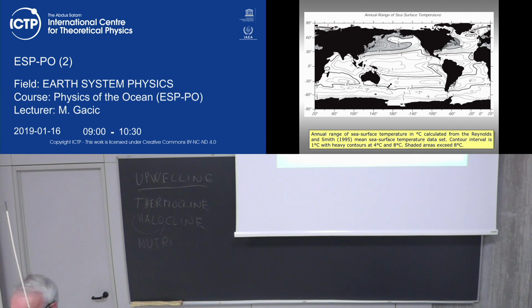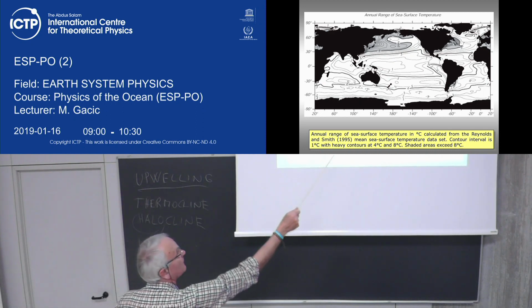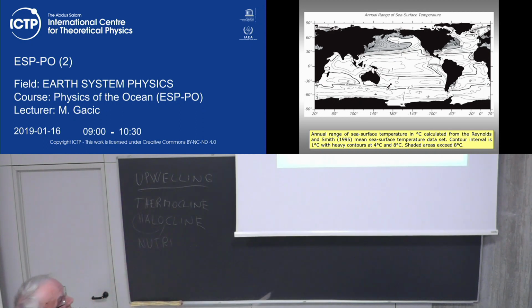What is coming from the south by this western boundary current always has the same temperature. And so the difference from the ambient temperature, where this water comes, is larger in winter than in summer. And this is why we have this summer-winter range so big.